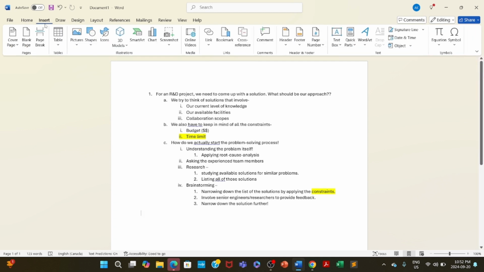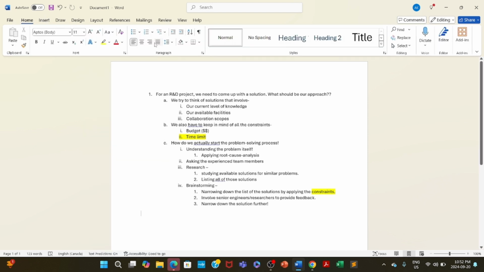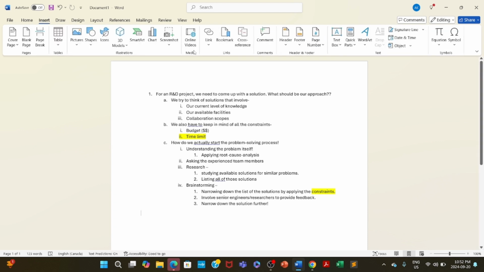Can we just make a flowchart out of this? I don't know how to make a flowchart here. I just want to use a text box.